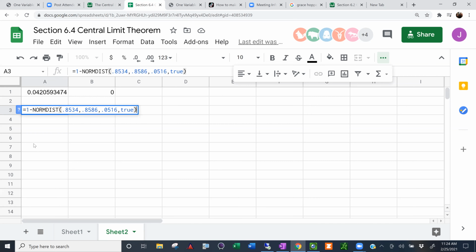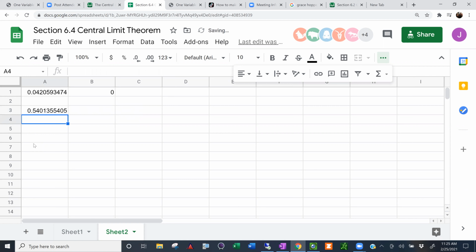What did this number turn out to be? 0.5401. Sounds good. Thank you. So again, it's equals 1 minus norm distribution, 0.8534, comma 0.8586, comma 0.0516, comma true. And Shira is spot on again. Thank you. Are we okay with that first calculation?